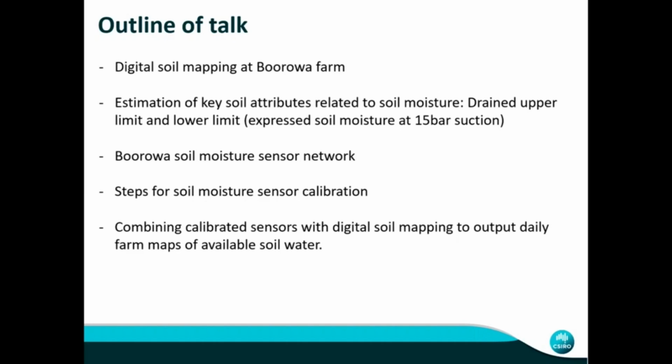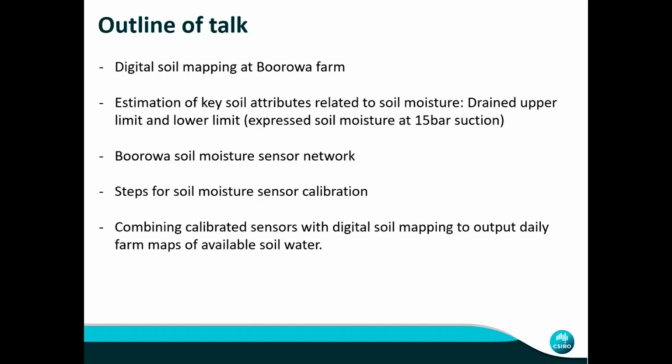So I'm going to be talking a bit about the digital soil mapping at Boorowa, and how we estimate key soil attributes related to soil moisture, which everyone's been talking about today. The key variables are the drained upper limit and the lower limit. In this case, that is not necessarily the crop lower limit, but more the 15 bar soil moisture, or what most people have been saying today is the plant wilting point, I suppose.